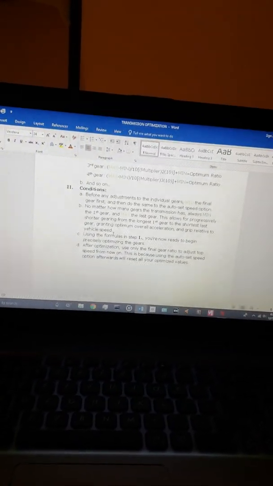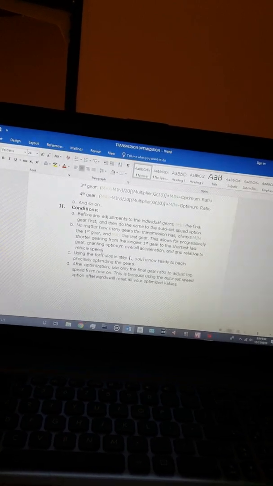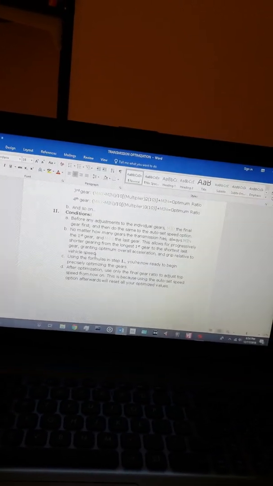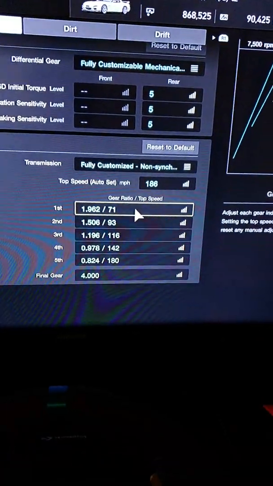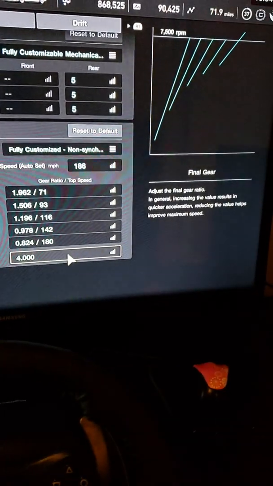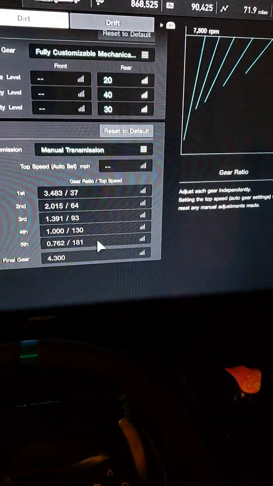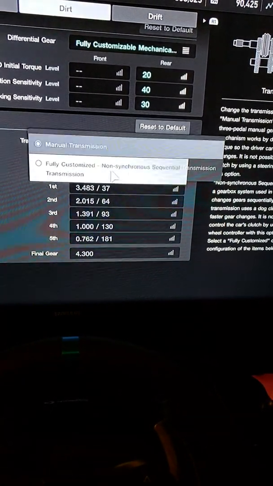Alright, so we have certain conditions that apply. Before any adjustments to the individual gears, you have to mid the final gear first, and then do the same to the auto set speed option. So for the final gear, before you do any adjustments, let me go to the stock manual transmission right here.